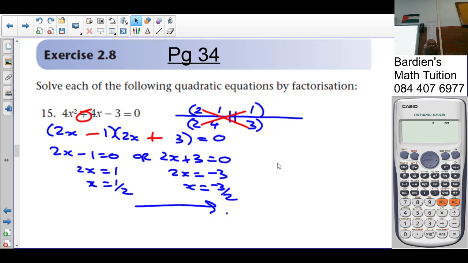Alright. Any other problems with 2.8? No. So, next heading: solving quadratic equations with fractions by factorization. That's a mouthful.